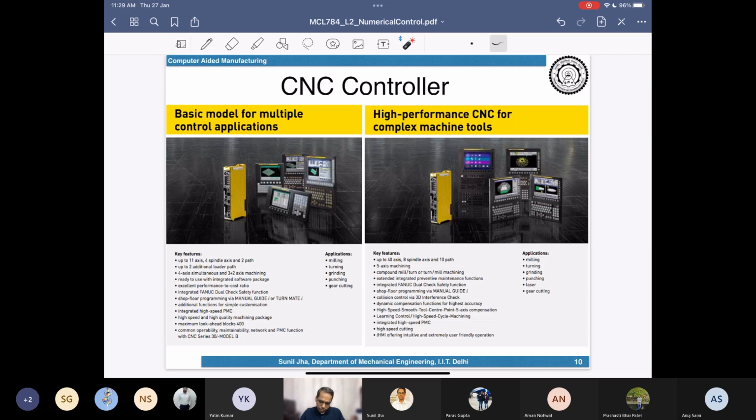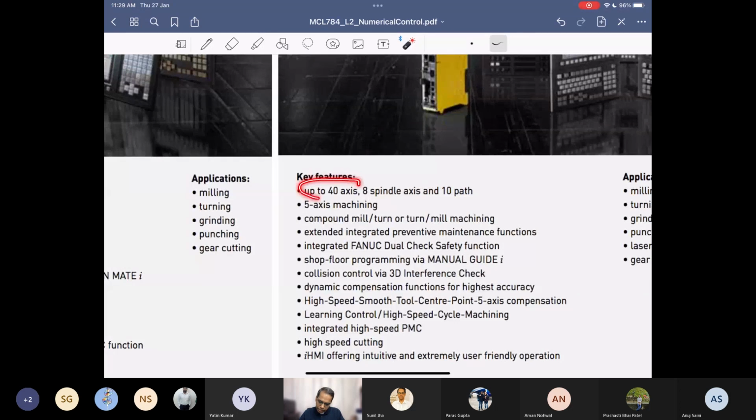So you will find the basic models for the multiple control applications here. Then high performance CNC for the complex machine tools. Now you will realize that there are additional features over here. Here you can see it is saying up to 40 axes of control that you can have, and 8 spindle axes. This is now capable of doing 5 axis machining.